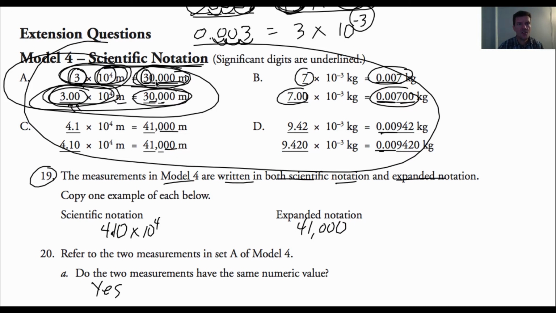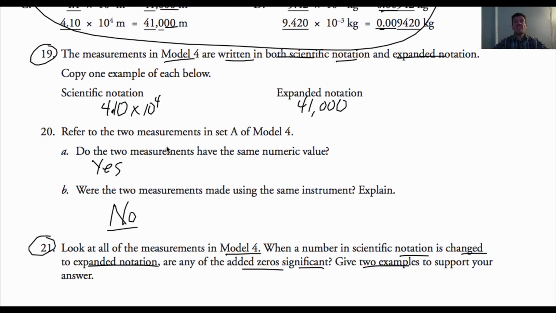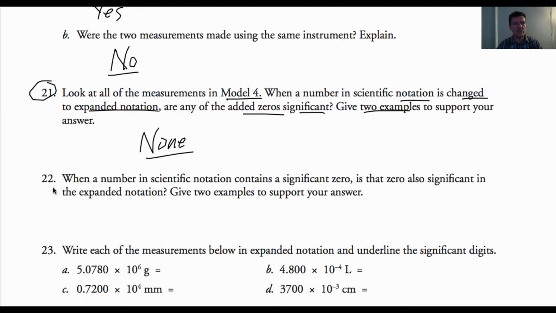You added these 4 zeros, and you added those 2 zeros. None of the zeros that you add when you expand a number from scientific notation are going to be significant. They're simply placeholders to expand the number. None are significant.